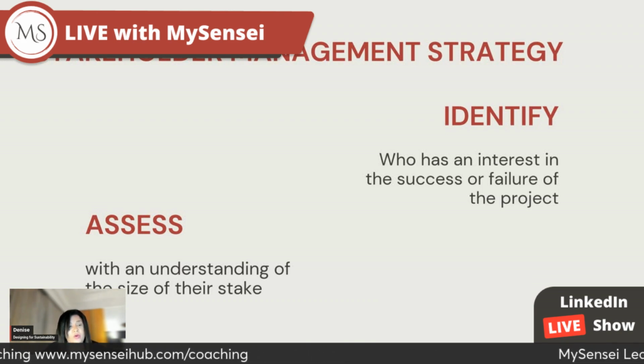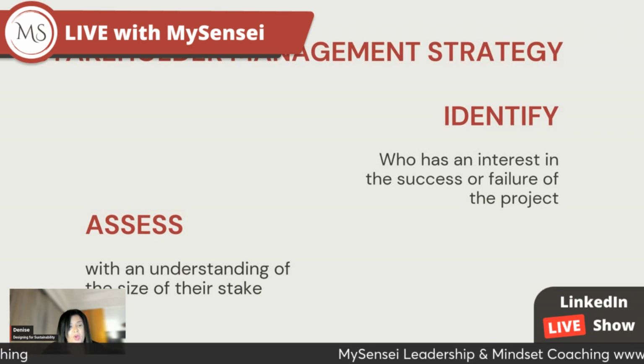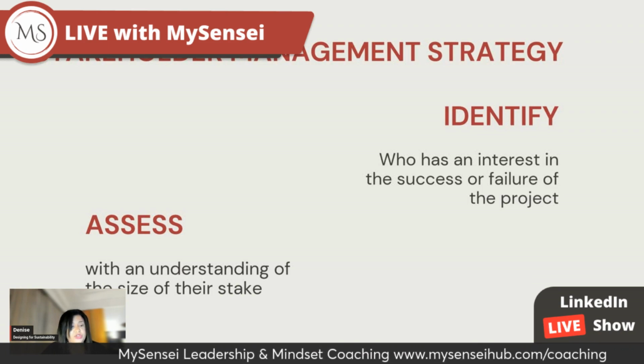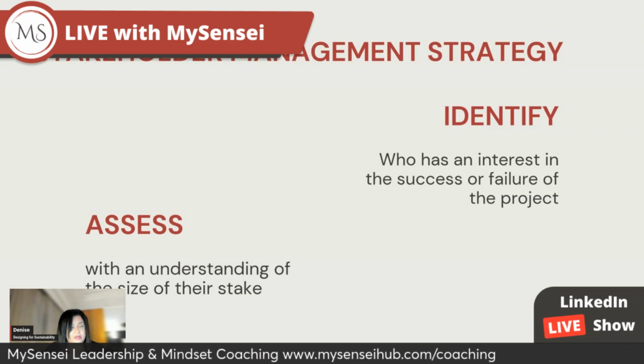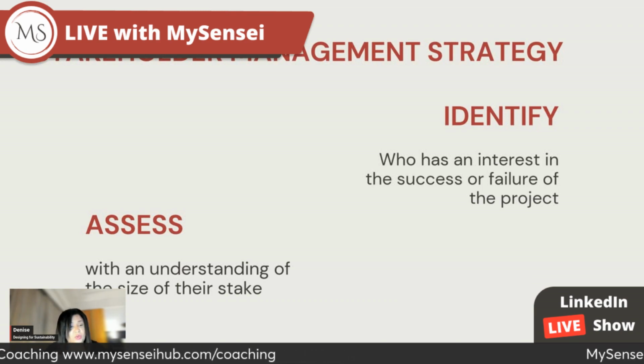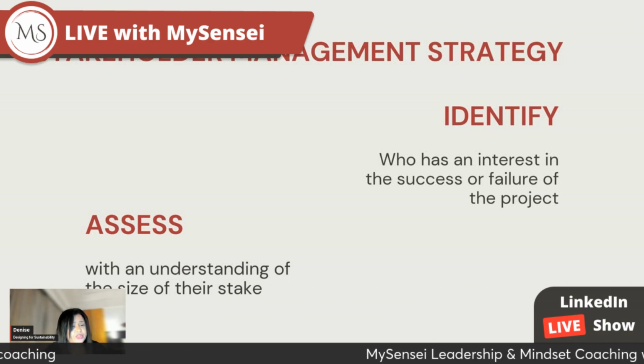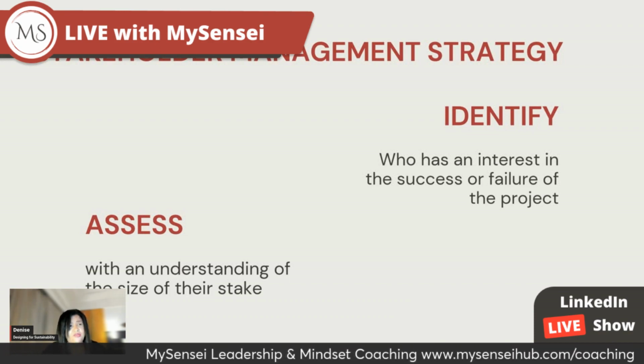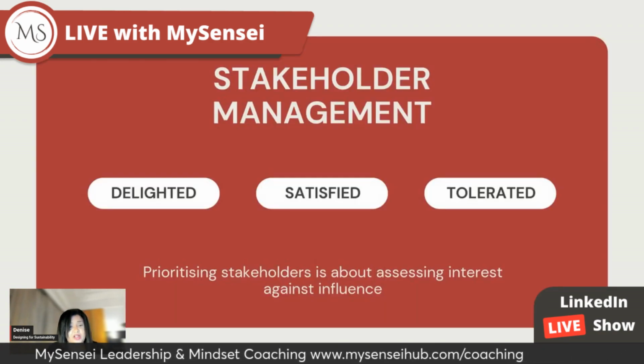Now, we always make sure that we understand what the size of their stake is, because when you have situations, especially for me that does a lot of education sustainability evaluations, or even just monitoring and evaluation or advising on like national education projects, you'll have situations where there's multiple stakeholders.